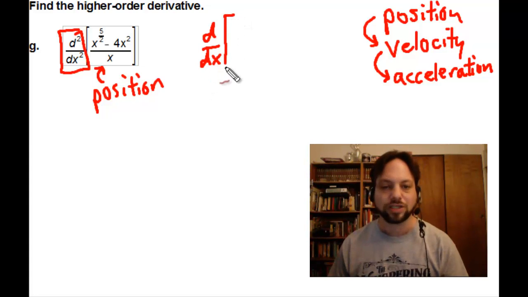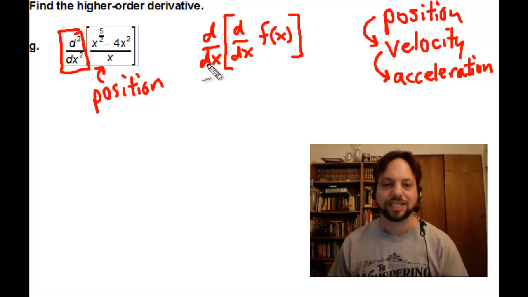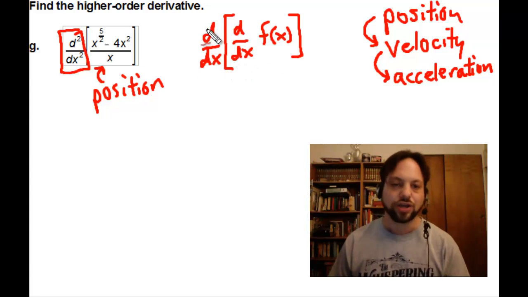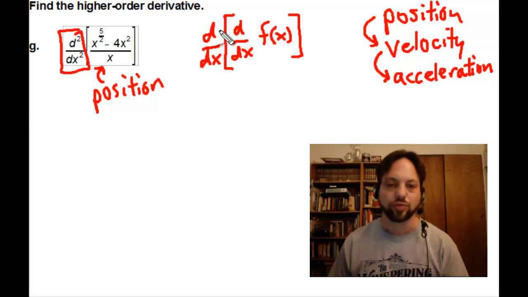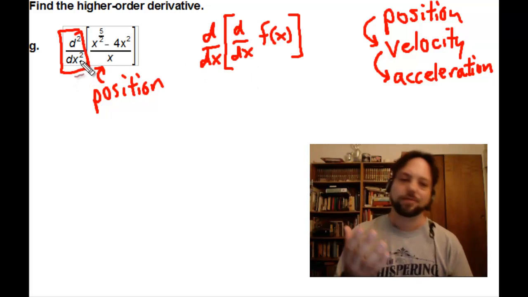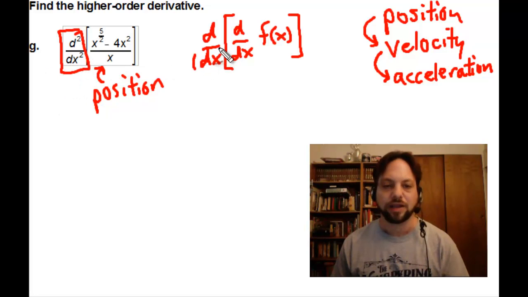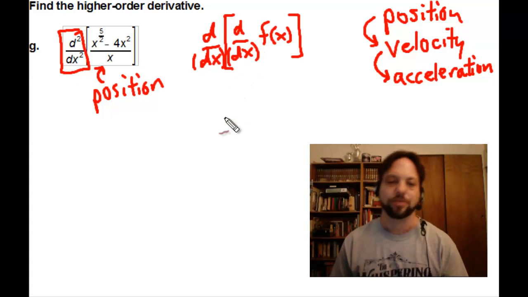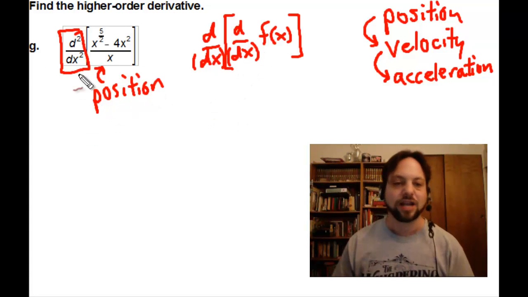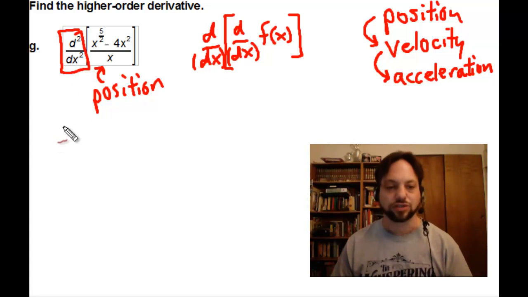So all we're really doing here is the derivative of the derivative of the function. And if we treat dx as one unit, you can see how we'd have d squared in the numerator and a dx squared in the denominator. In normal notation, we just leave the parentheses off, but if we did it like this, perhaps it would make a little bit more sense.